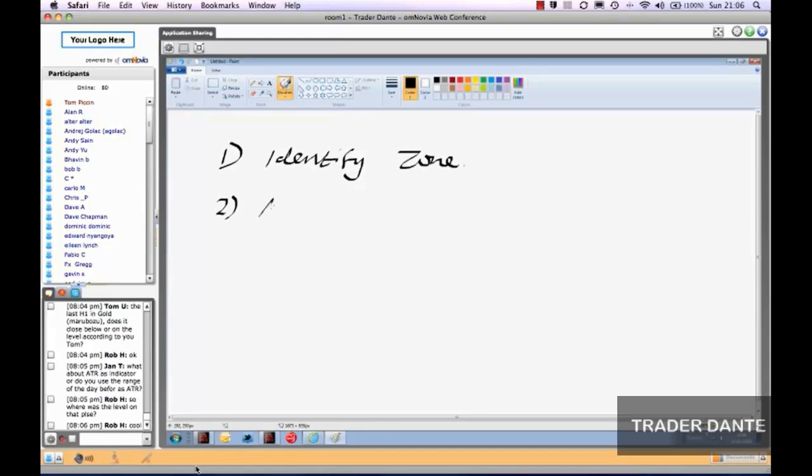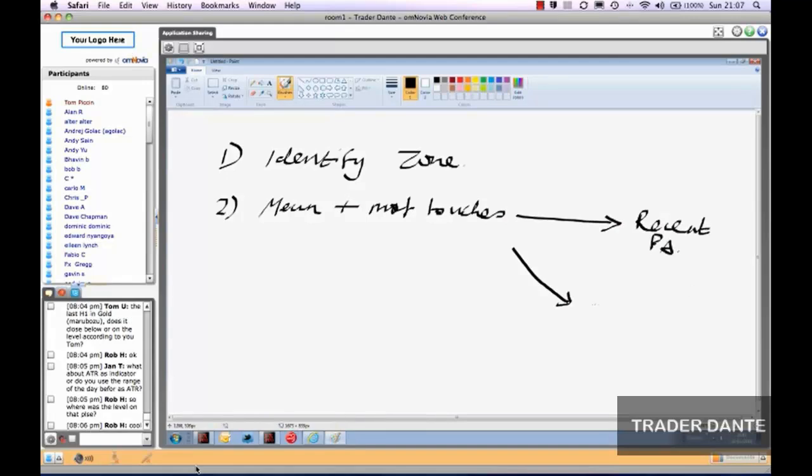Then place the level in the mean with preferably the most touches. Okay, so the mean of that zone with the most touches. And at this point, you're going to have two additional focuses, which is recent PA. You're going to be slightly geared towards the recent price action. You're also going to be slightly geared towards the inverse.